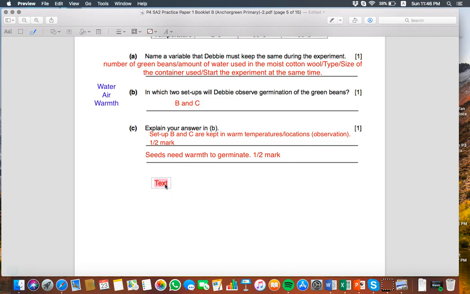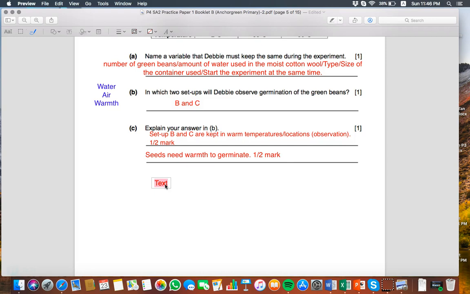Some people will mention seeds need air, water and warmth to germinate. If the marker wants to be strict, that will be marked as wrong because you are not picking out the correct conditions to focus on for this question.